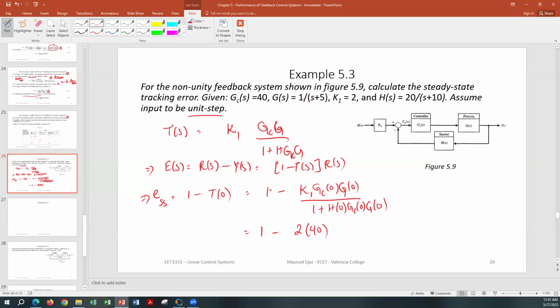So when you put s equal to 0, that's going to be 1 over 5, divided by 1 plus H, which is 20 over s plus 10. So 20 over 10 is 2, with s equal to 0, times GC naught. Again, GC naught is 40, and G naught is 1 over 5.